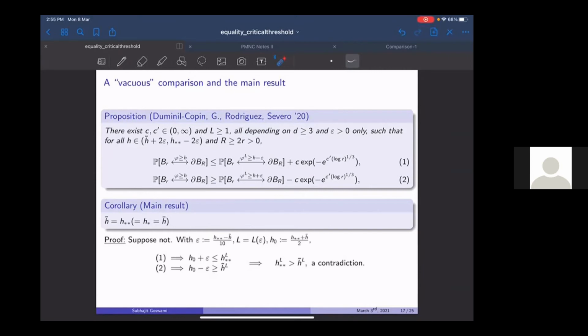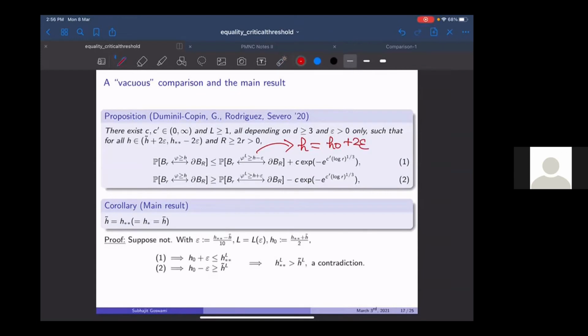So assume that H tilde and H star star are indeed different. Let's take the midpoint of this interval, and let's take a very small width, which is the width divided by 10. Now here, substitute for H the value H0 plus 2 epsilon.